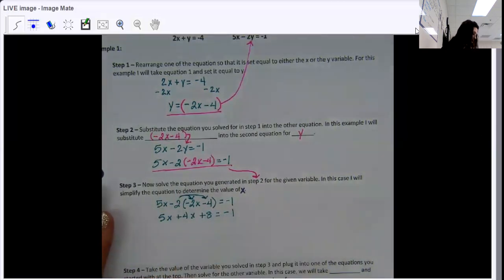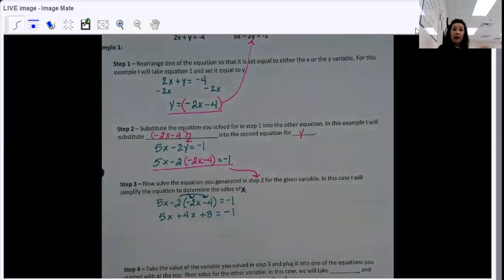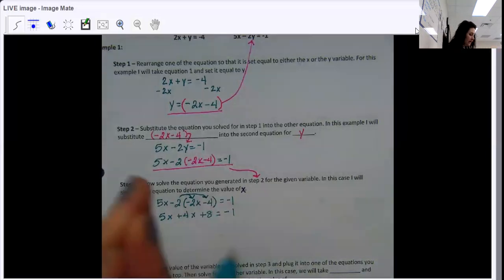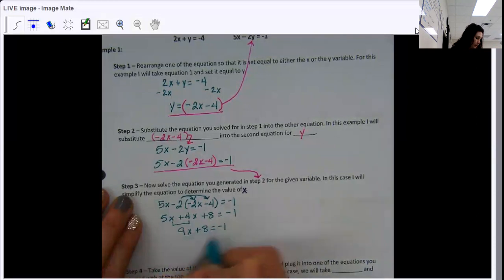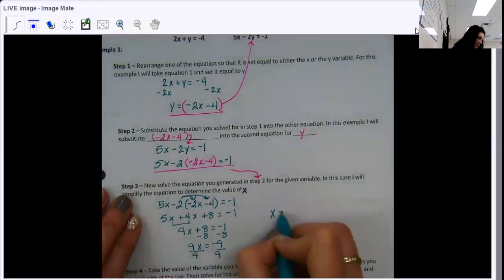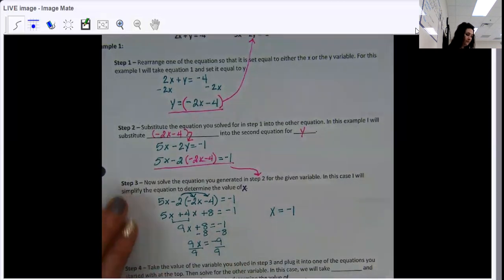And that equals -1. Now we're going to combine like terms on the left side. We have 5x plus 4x is 9x. And then we're going to subtract 8 from both sides. 9x equals -9. And then you divide both sides by 9, and we get x equals -1.